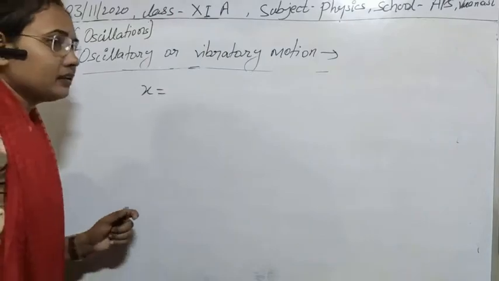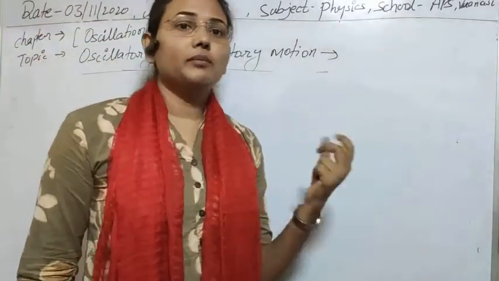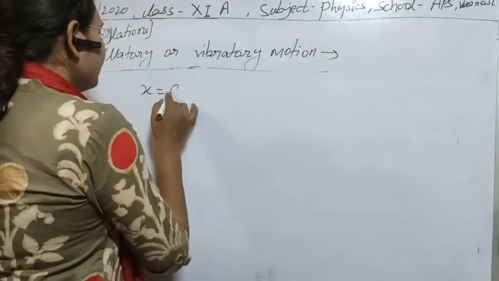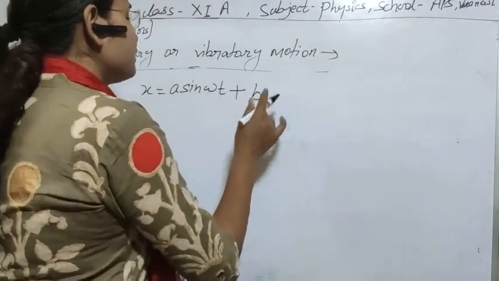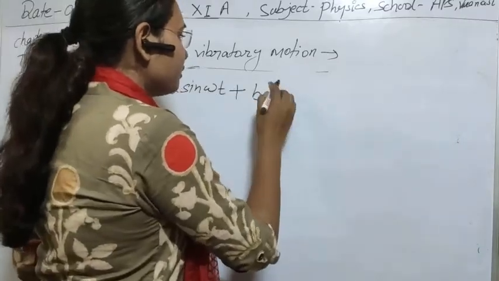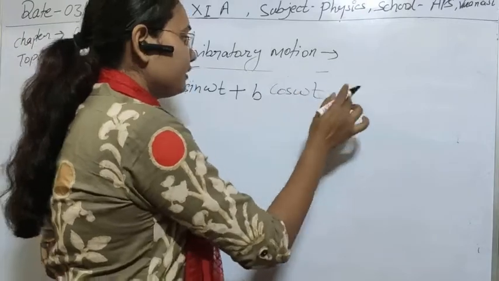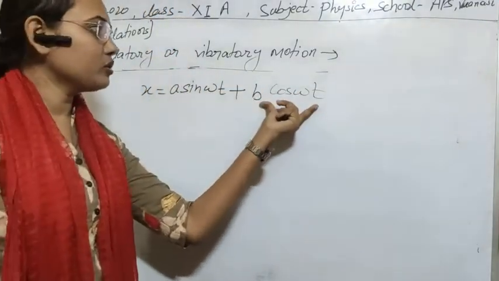Suppose one periodic motion is of the sine form and one is of the cosine form. So we can write here a sin omega t plus, suppose the second motion is represented by b cos omega t. The first motion is a sin omega t, the second is b cos omega t.